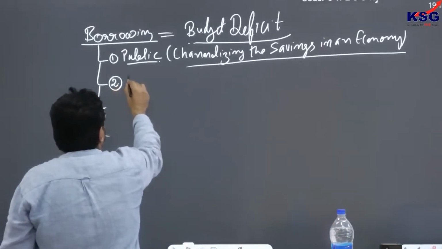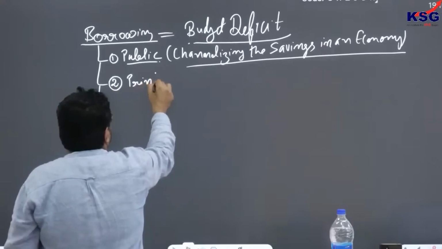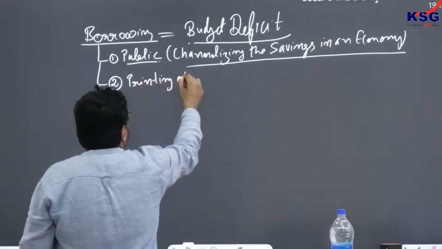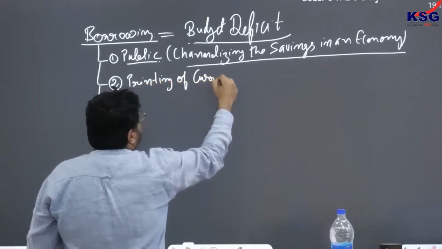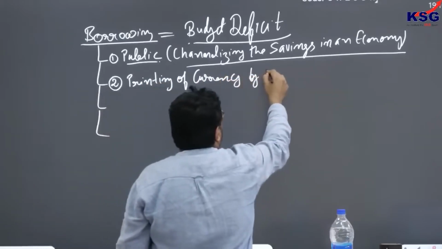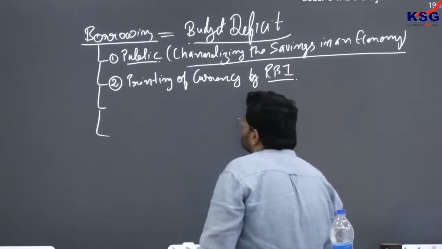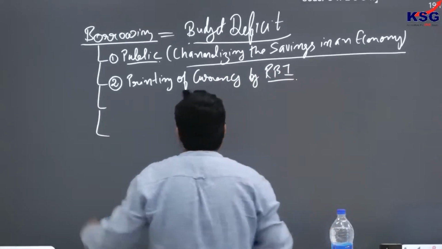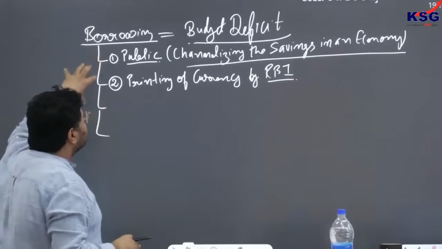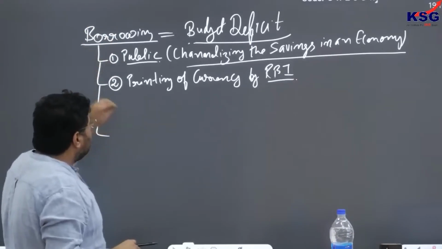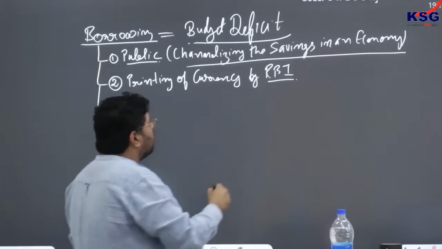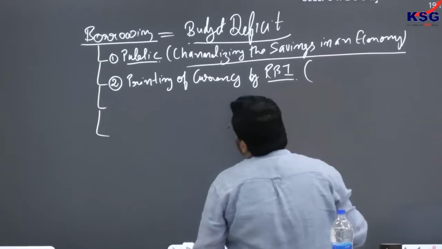Number 2, printing of currency by RBI. This is the second option, but here I am talking in general about what the options are. If I talk specifically about the Indian economy, this option is not with our country.